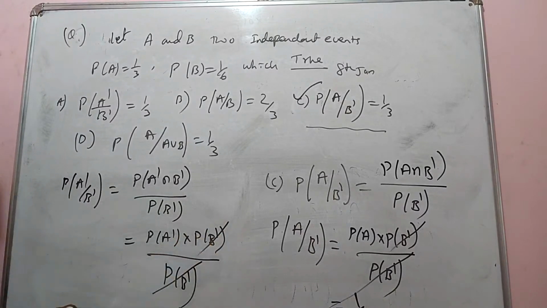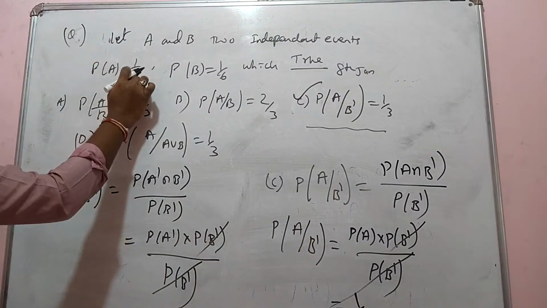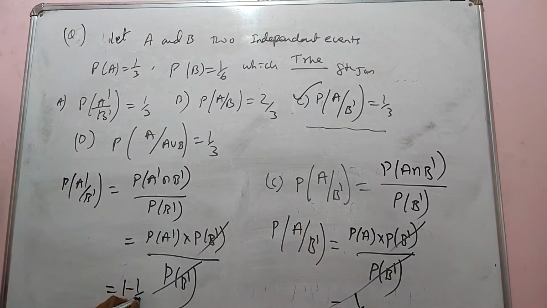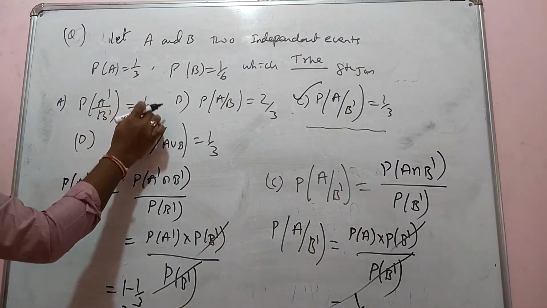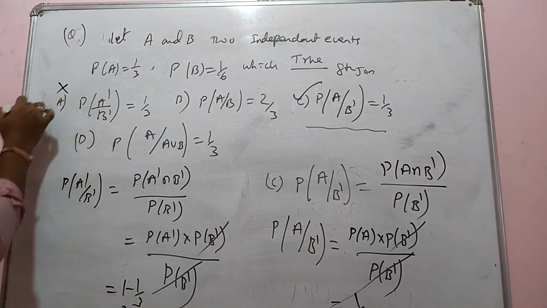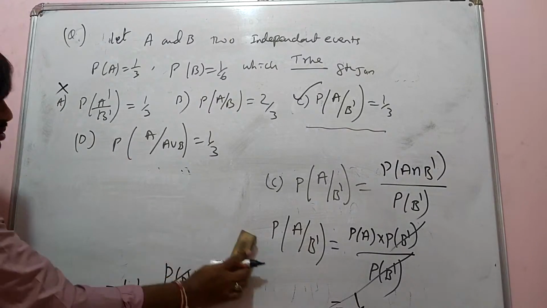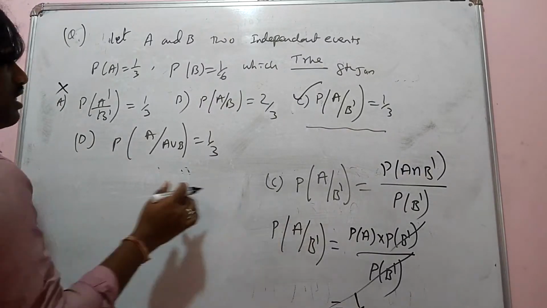This cancels. Probability of A dash is what? Probability of A is 1 by 3, then 1 minus 1 by 3, that is, I am going to get 2 by 3. So they have given 1 by 3, but I got 2 by 3. Option A is a wrong answer. Okay. So option A is wrong. Option C we got correct.